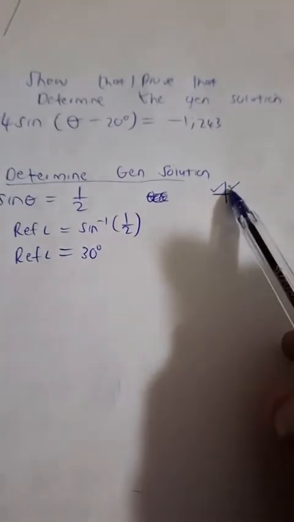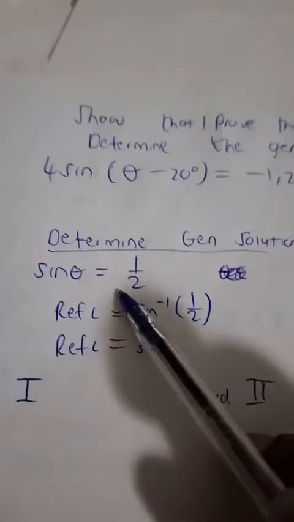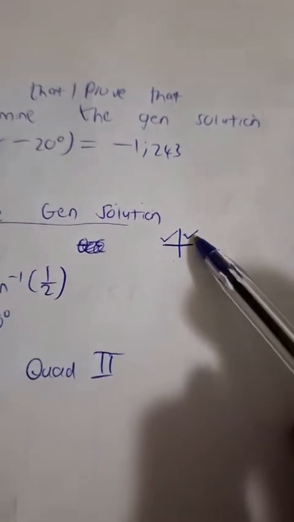When we are doing the general solution, we want to utilize that reference angle, and we are going to check in the first quadrant, meaning in quad 1, and in quad 2. Remember, we said that sine is positive in the first and in the second quadrant.